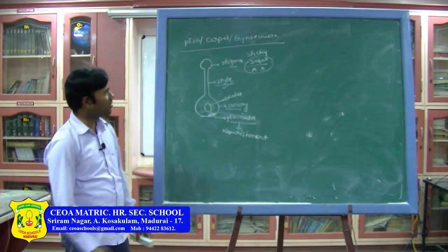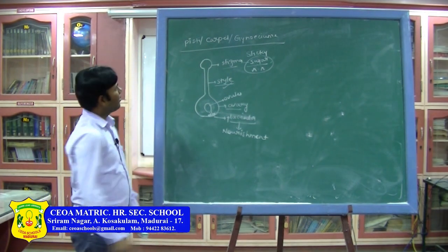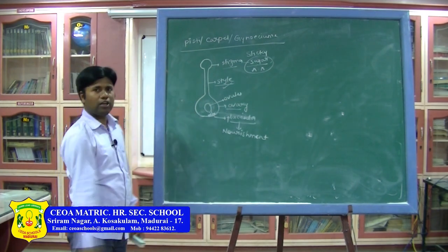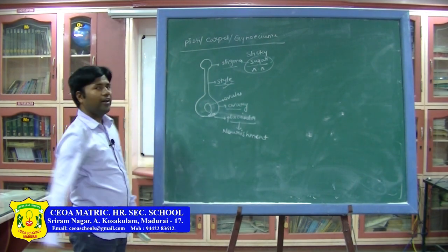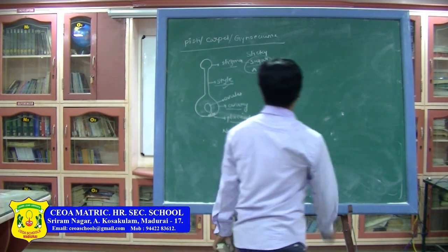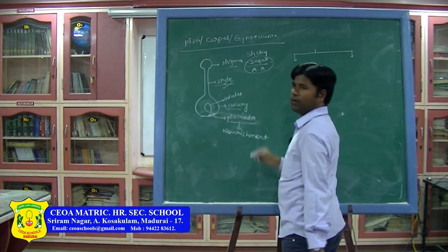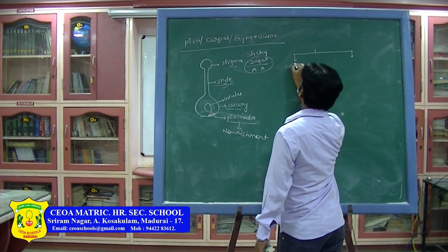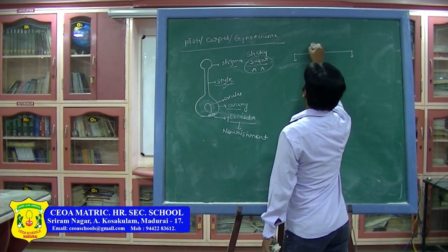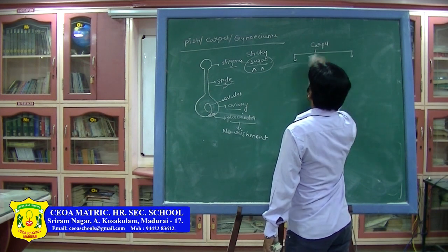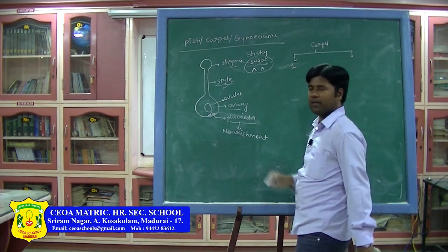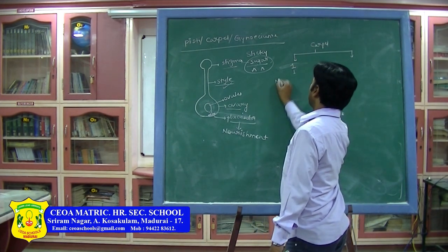Pistil, carpel and gynoecium are all the same. Based on the number of carpels present in the plant, there are two types. If the carpel number is only one, it is called monocarpellary.